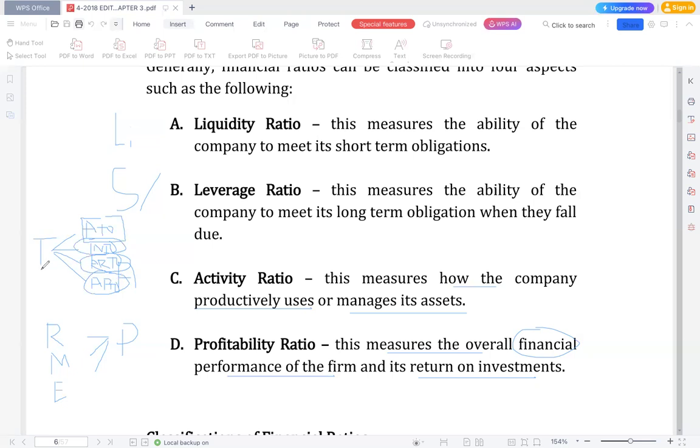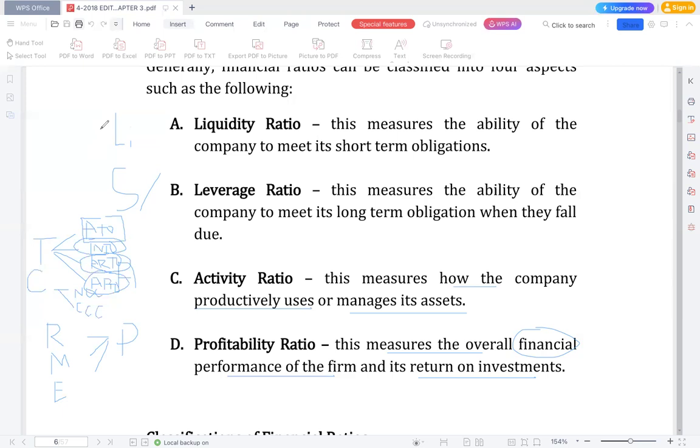So aside from turnover, you also have to consider the cycle. We have the so-called normal operating cycle and cash conversion cycle. So take note of that. While with regard to liquidity ratio, we have the so-called current ratio, acid test ratio, and cash ratio.